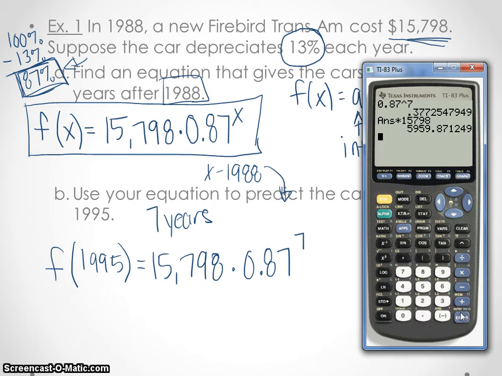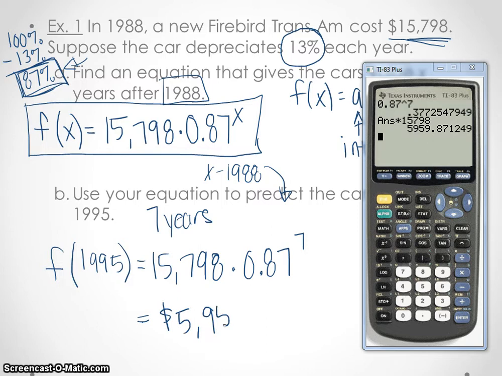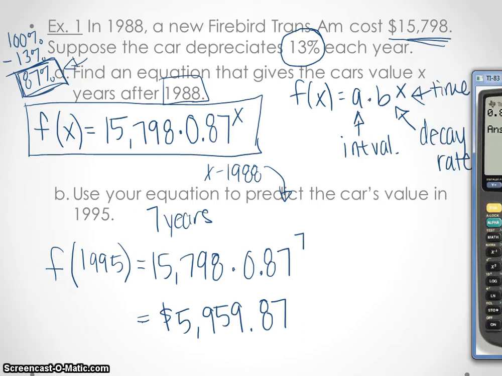Hit enter. Oh boy, and we get $5,959. Let's start writing this down. So f of 1995 equals $5,959.87.